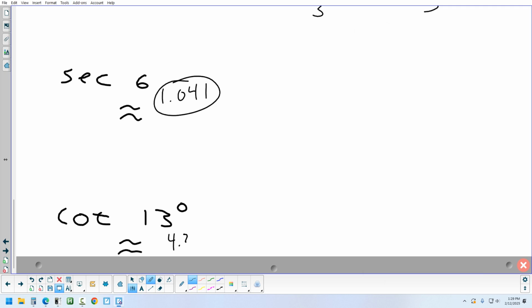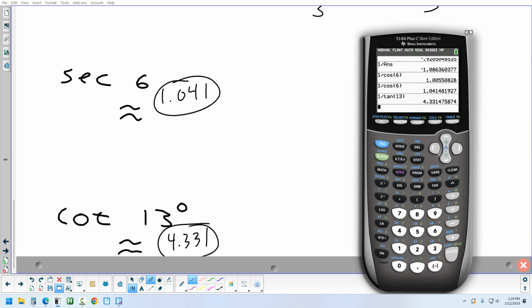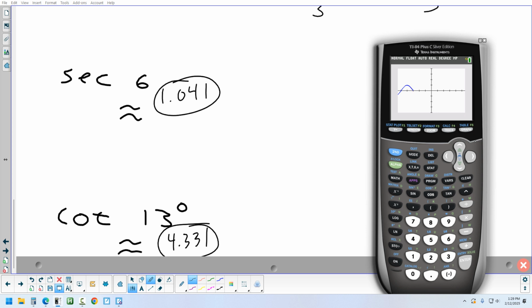So how do you get those big numbers with tangent and cotangent? The reason why is, let me show you a picture real quick. Look at sine and look at cosine. We haven't looked at the graphs yet, but we are going to eventually. That's cosine.